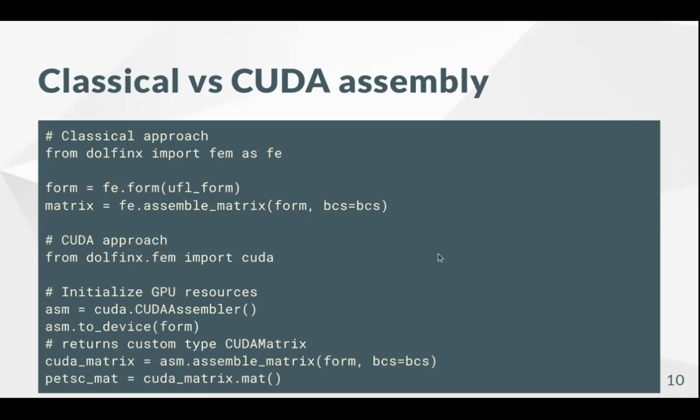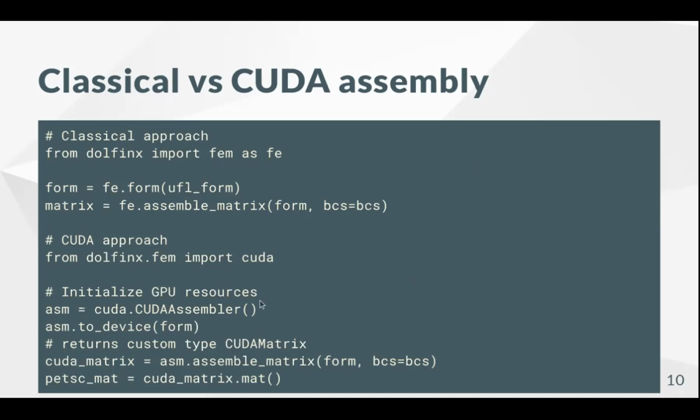Now, when dealing with the GPU, we wanted to make this as simple as possible. So we added an extra module called CUDA to have all of the code in the same place. We tried to minimize any changes to the way things work. In DOLFINx, you have this CUDA assembler class that manages the GPU.